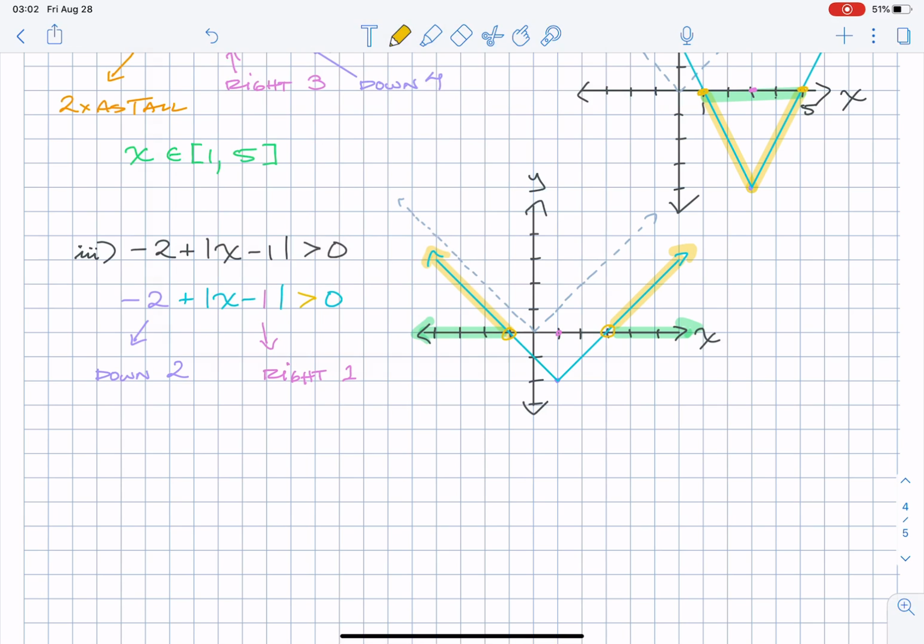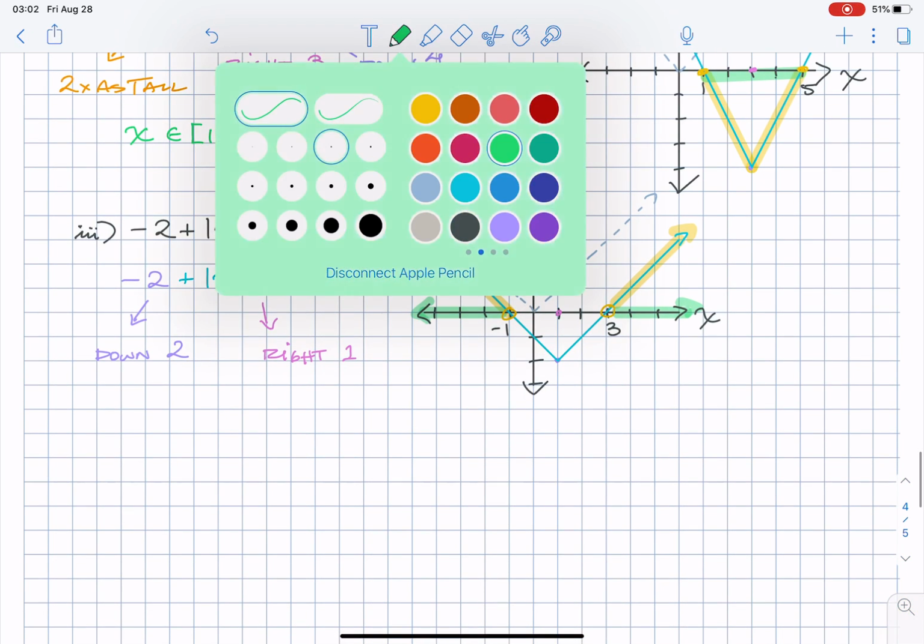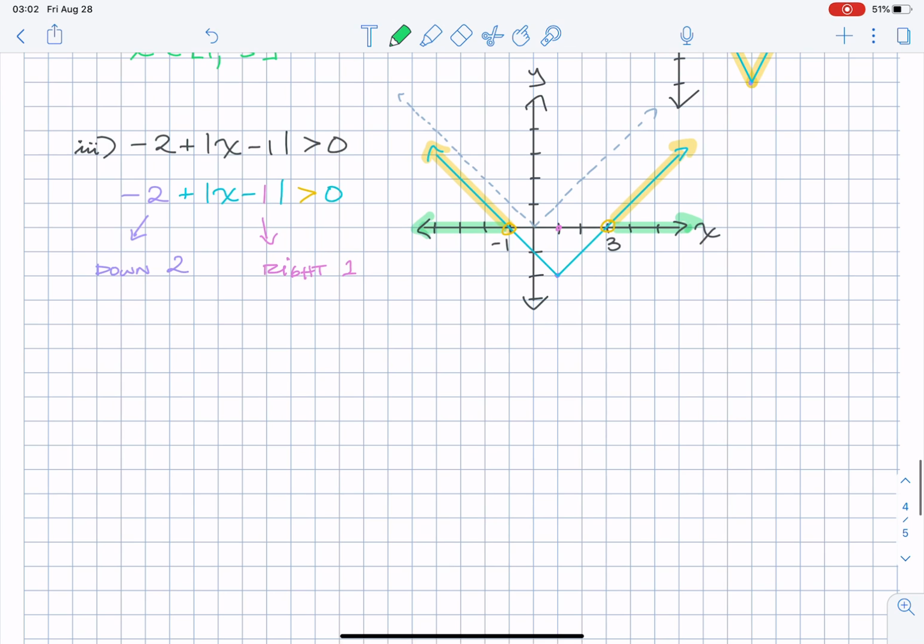And what values of x were those? Negative 1 and 3. So I claim that from left to right, x will be between minus infinity and negative 1, non-inclusive, or between 3 and positive infinity.